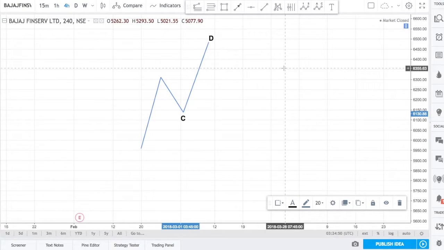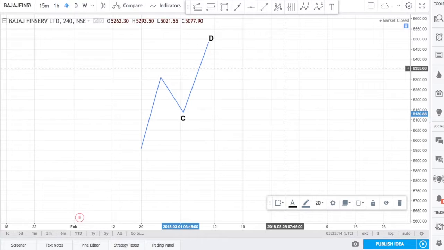So an ABCD pattern is traded by predetermining where the CD leg is possible to end, and this is achieved by using the Fibonacci tool. Let me graphically present it to you so that you understand the concept much more easily.